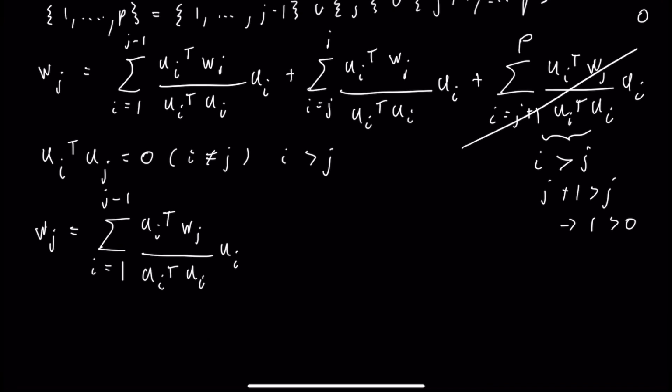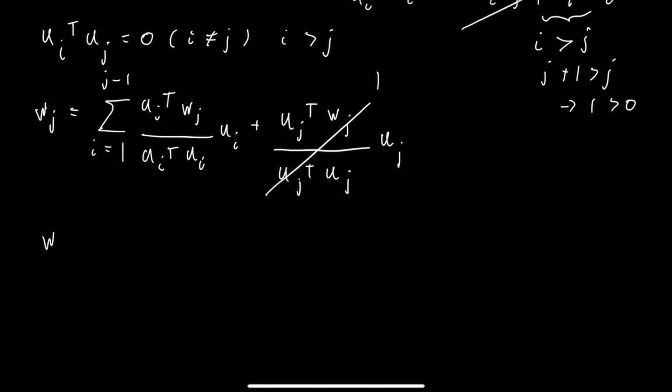But since I is equal to J, this is just Uj transpose Wj over Uj transpose Uj, and we have a Uj. Here I is equal to J, so this will end up being normalized, this is just 1.